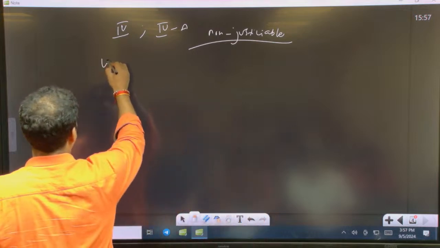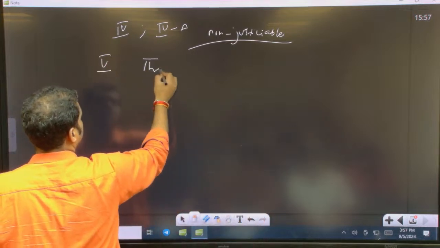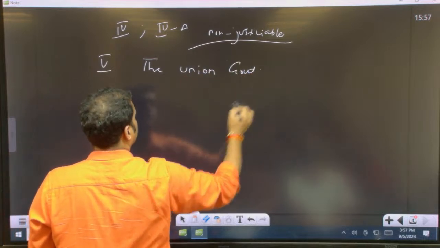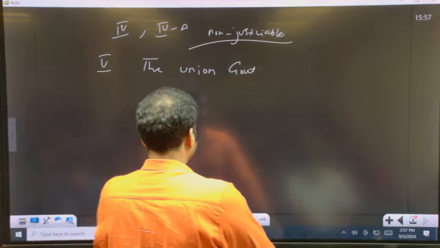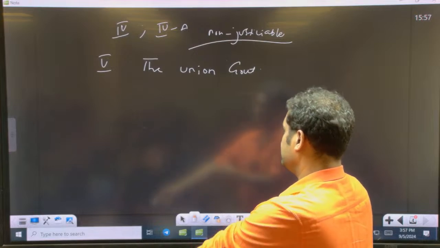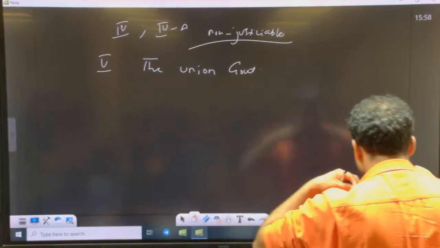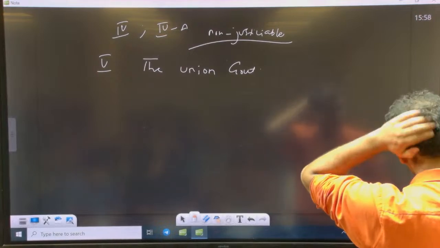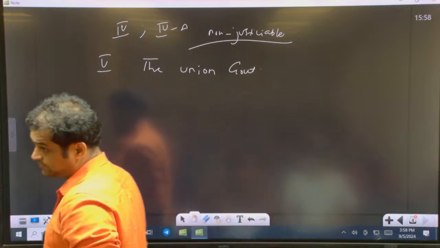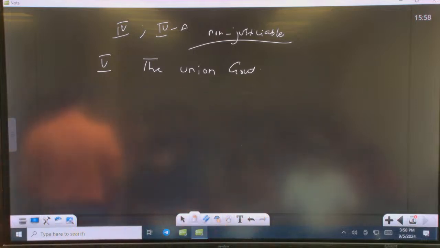Good. Part number 5, Union Government. All the provisions related to the Union Government are dealt with under Part 5: the Prime Minister, the Union ministers, the President.